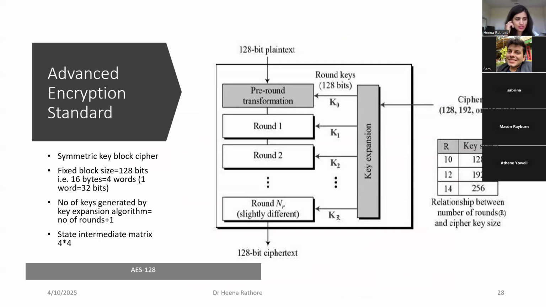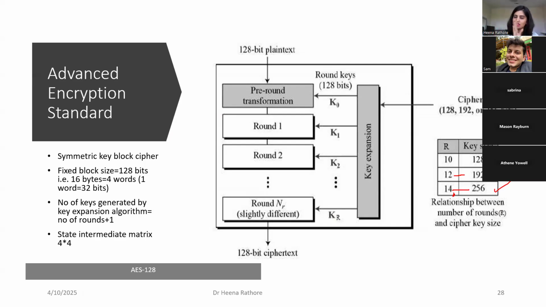So DES used 64 bits. AES can be used for 128 bits, 192 bits, and 256 bits. If you are processing 128 bits together, then the number of rounds is limited to 10. If you are processing 192 bits, then the number of rounds is 12. And when you are processing 256 bits, then the number of rounds is 14.